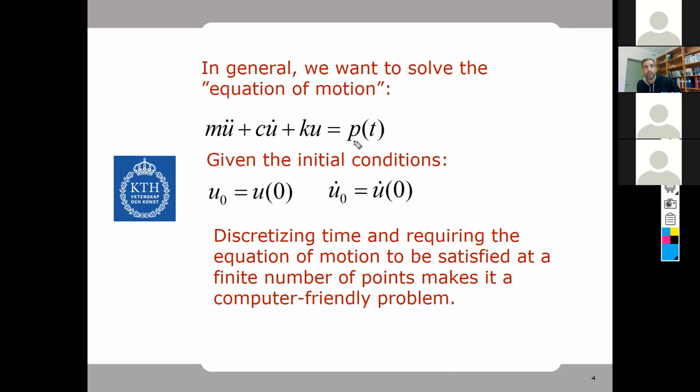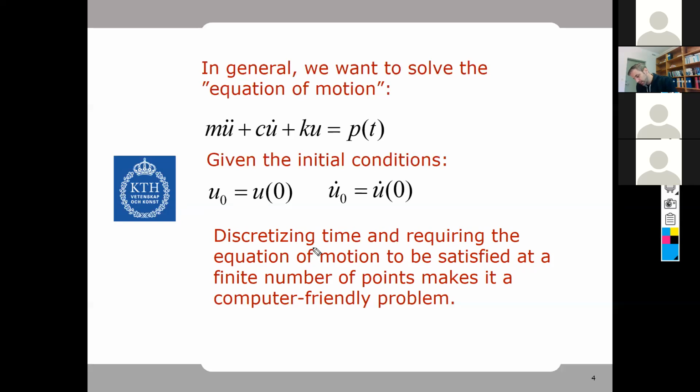So if we want to simulate, for example, the response to an earthquake, and the earthquake is 1 minute long, well, then we would need to calculate the response of our structure to this earthquake, ideally in an infinite amount of points, everything from time 0 to time 10 minutes or whatever we want. And that is, of course, impossible from a computational perspective. The computer cannot deal with that.